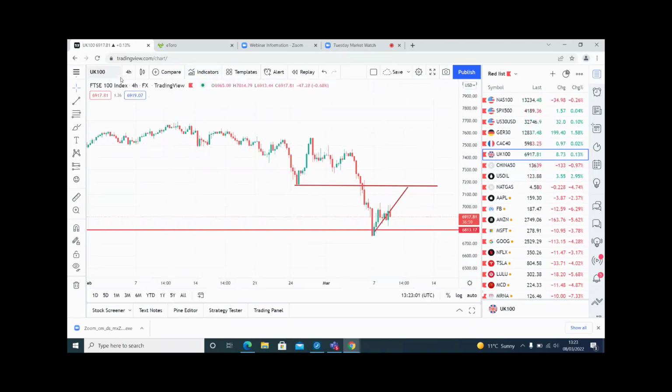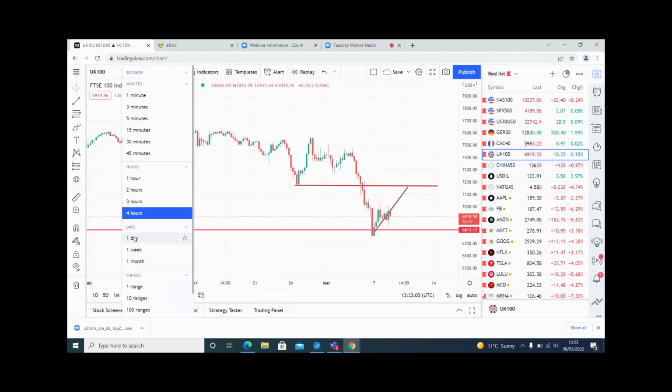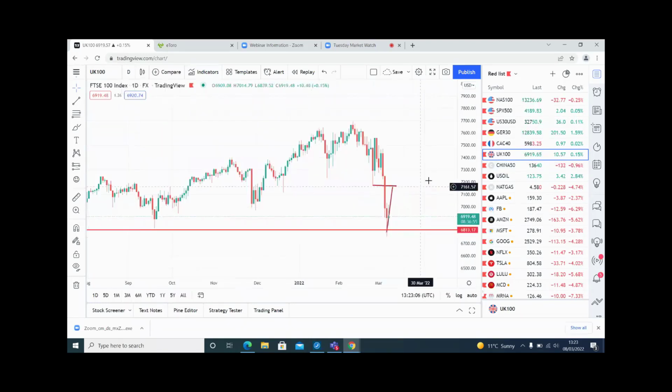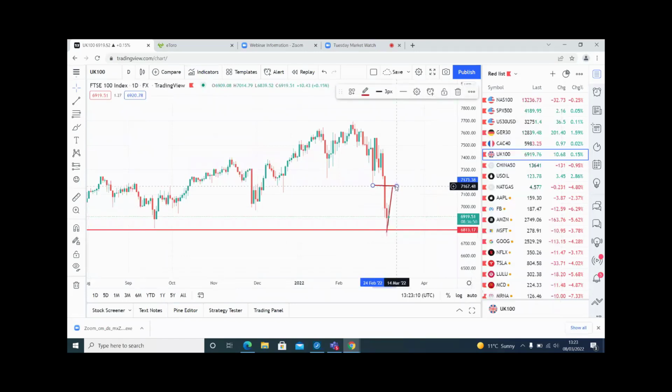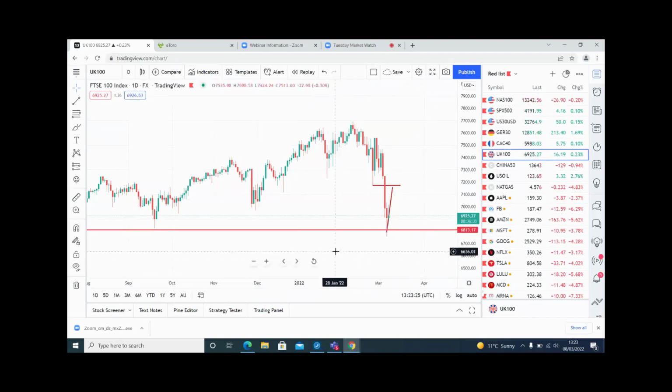So we go back here to the daily chart. If we can get that little pop, that should be quite nice. But again, this one hasn't moved anywhere near as much as the other ones. So the other ones may be a better trade because they may move a little further than the likes of the UK. We're a little bit disconnected from Europe now, so we're not getting the same downside as them.